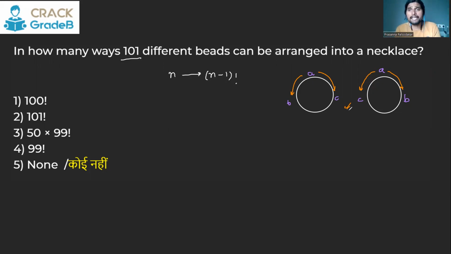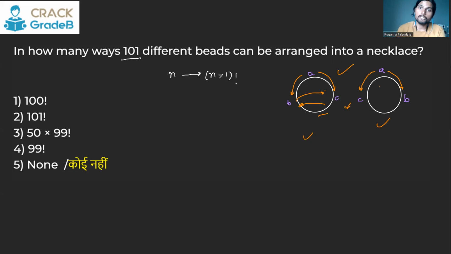If this is a necklace and you flip it, it will appear like this. The B goes here and C goes here. That means it is the same arrangement necklace wise. If there are people sitting on chairs, that will be a different arrangement. But if it is a necklace, it is the same arrangement.